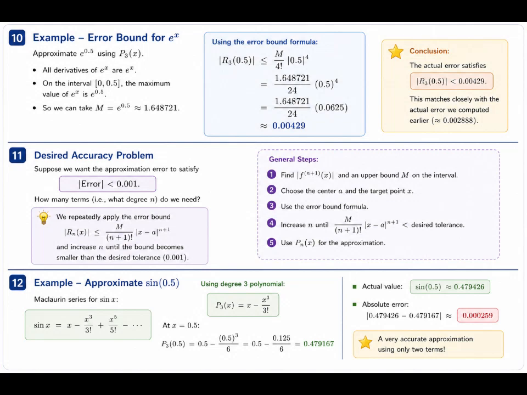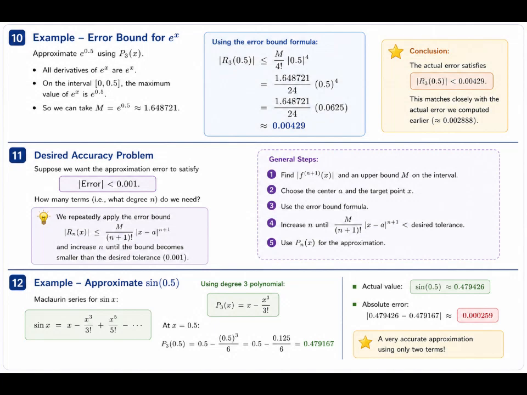Therefore, we choose M equals e raised to the power 1/2, which is approximately 1.648721. Substituting our values into the error bound formula using our upper bound M, 4 factorial, and our distance from the center, we calculate a guaranteed maximum error of roughly 0.0043. Notice that our previously computed error of 0.0029 is indeed safely below this bound.